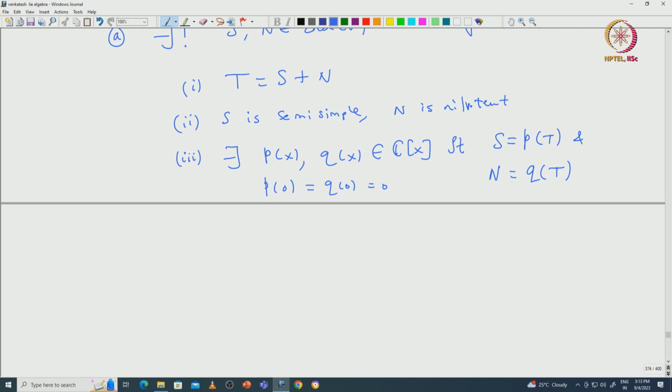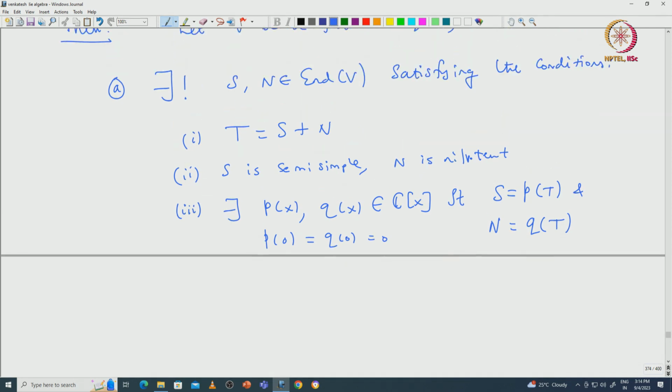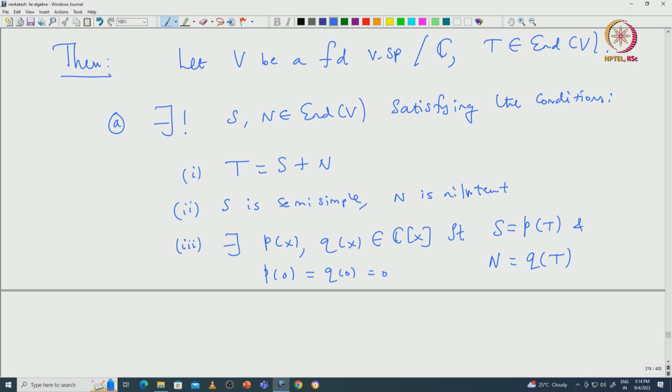So, now it is very clear that both S and N commute with T as well as with each other. So, we proved that there exist unique S and N satisfying these three properties.